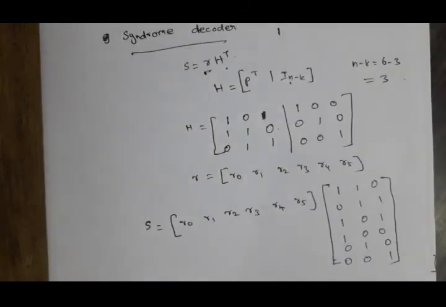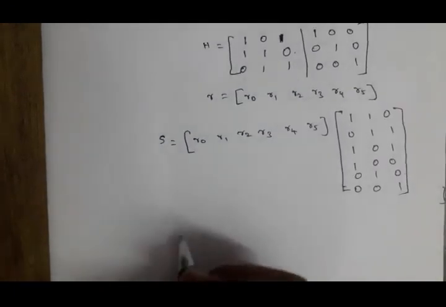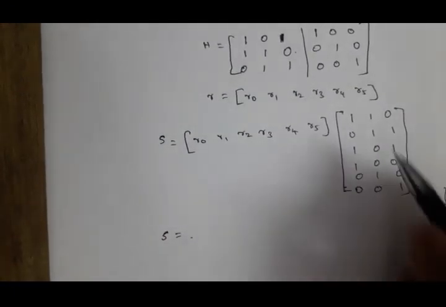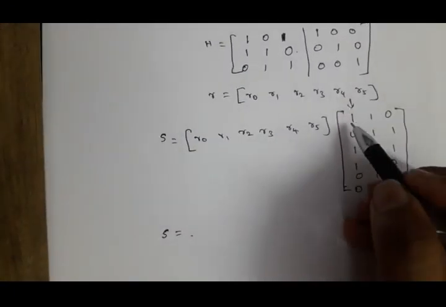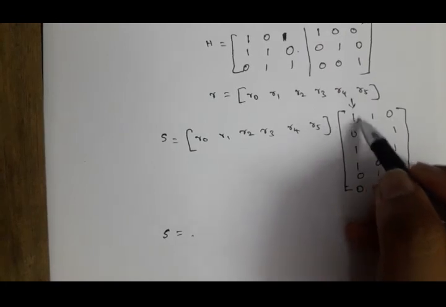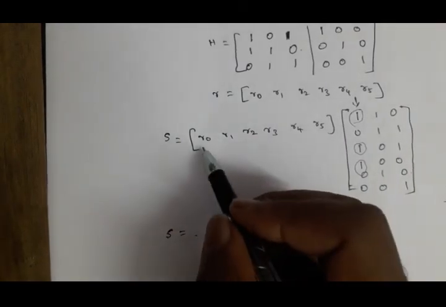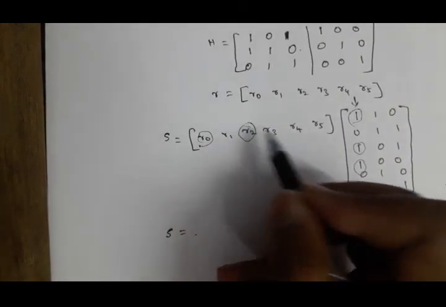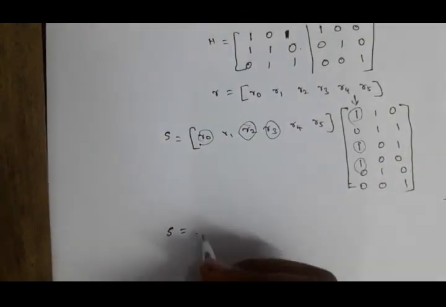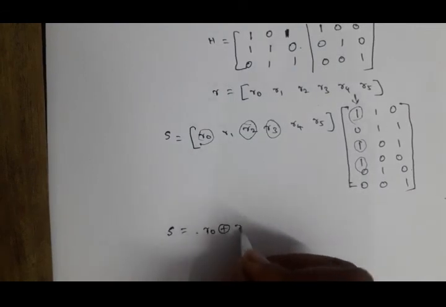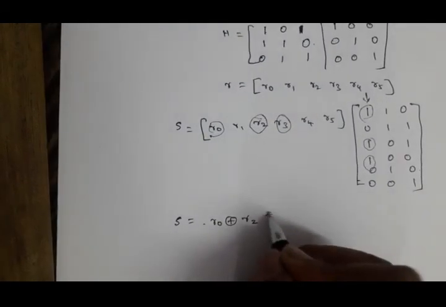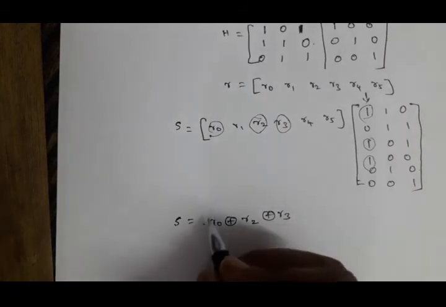So the syndrome expressions can be written as follows. The first column consists of 1 in three positions, the first row, third row and fourth row, so R0 XOR R2 XOR R3.